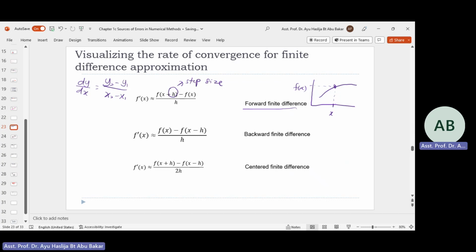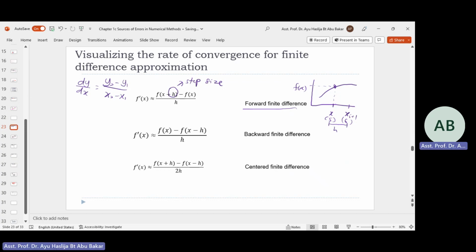Step size is the range, the scale. Step size over here is x i plus 1 for the new point, so in between here is h. For example, let's say x is 5 and x i plus 1 is 6. So what is the step size? 1.